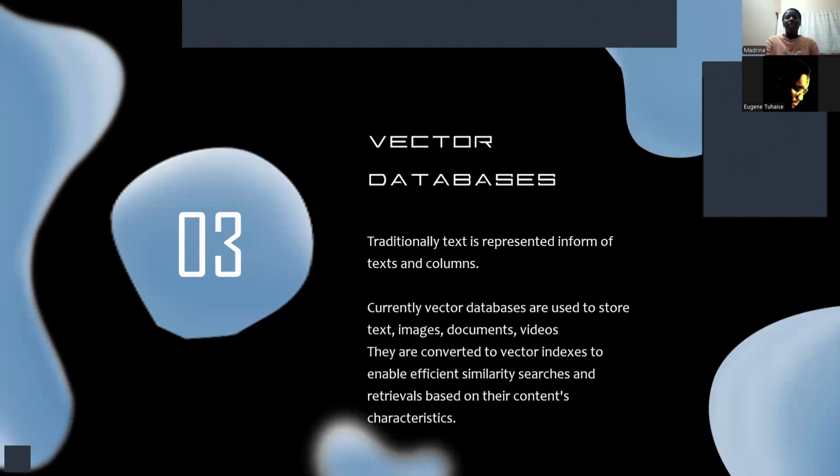It just looks for something that is similar to what you're looking for and then reproduces it. So vector databases are about similarity searches, rather than getting the image, analyzing it again, and then bringing feedback. When they convert them to vector indexes, it is easy to search for similar items. On the next slide, we're going to expand more on vector databases.